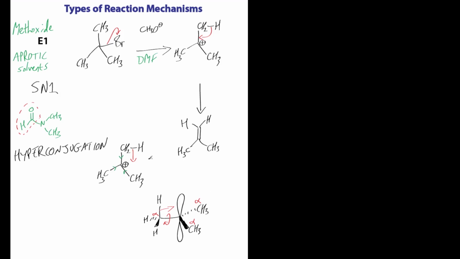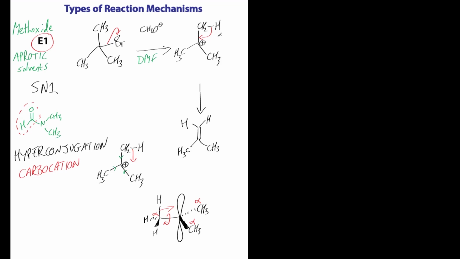So that is really what is making this a stable species. That is what's driving this type of mechanism. Okay, the stability of this carbocation. That's a cation, yeah, carbocation. Okay, but that's going into detail.